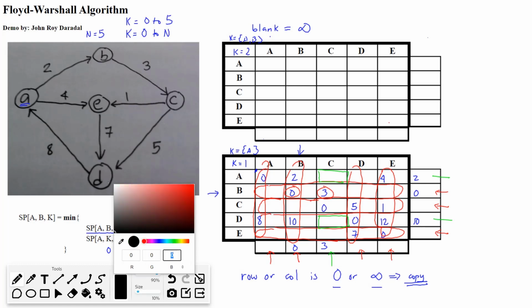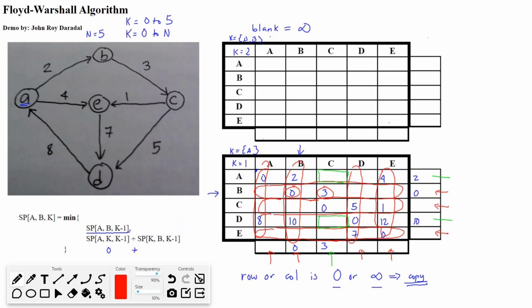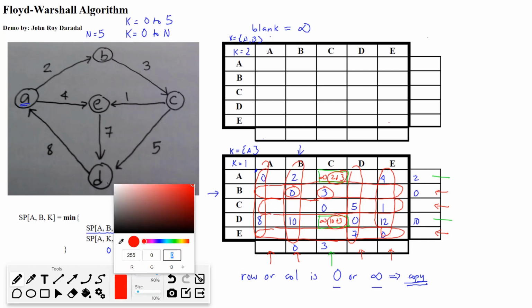Okay, so what we will do is we'll check. So this is the current value is infinity, and then we'll compare that with 2 plus 3. So of course this one will win. We'll get the value 5. Then this one is infinity versus 10 plus 3. So of course this will also win, the 13 value. Okay, so we now have our new values for k is equal to 2.